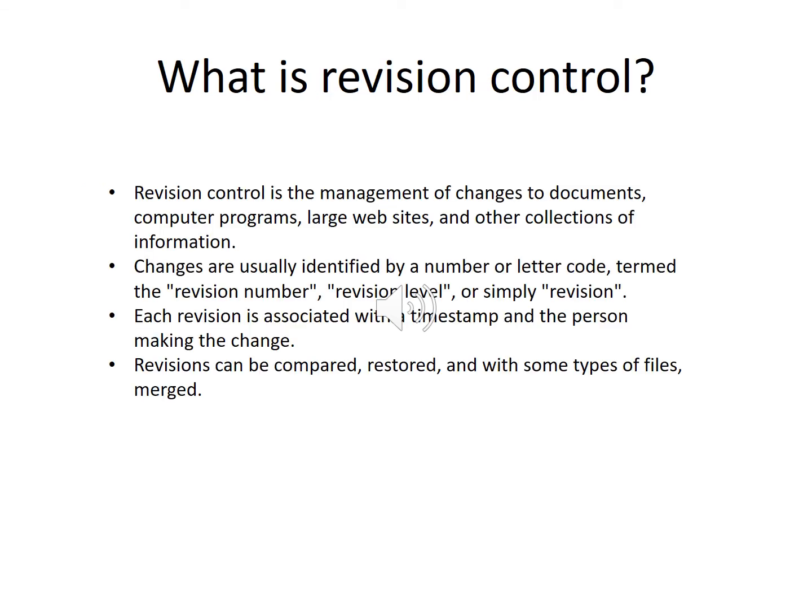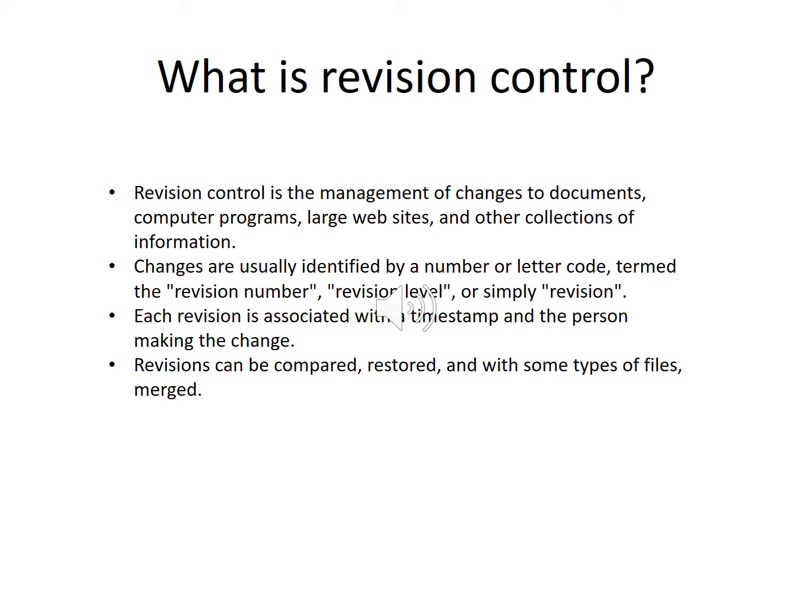So now let's talk a little bit about revision control, GitHub and revision control. Revision control is the management of changes to documents, computer programs, large websites, and other collections of information. The changes are usually identified by a number or letter code, termed revision number, revision level, or just revision. Each revision is associated with a timestamp and the person making that change.